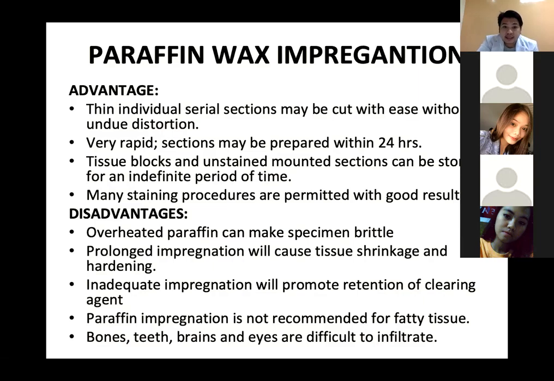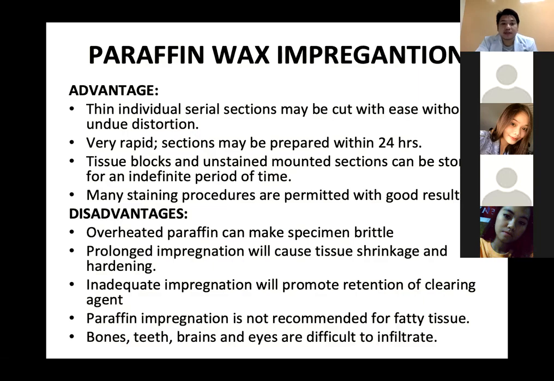Tissue blocks and unstained mounted sections can be stored for an indefinite period of time. Later in our discussion, during the post-analytical phase, we will discuss the period of time for storage of these tissue sections.